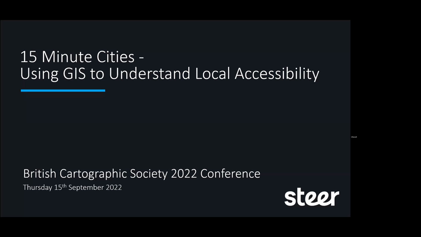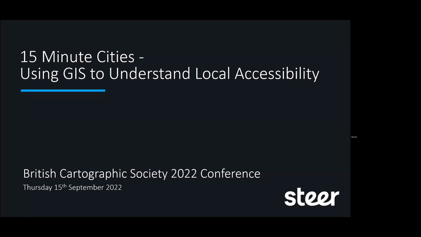And as we are a geospatial team, we set about working out how we could understand what a 15-minute city definition would look like, and also what metrics and what data was available out there. To begin with, we looked at understanding the local population data that we have access to, which is the very easy part. So that's the map that you can see on the screen.